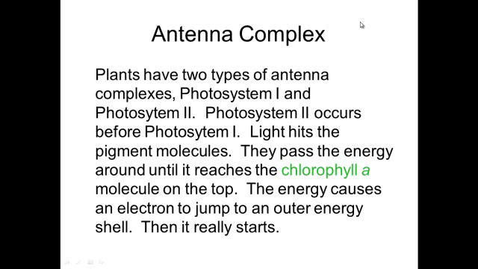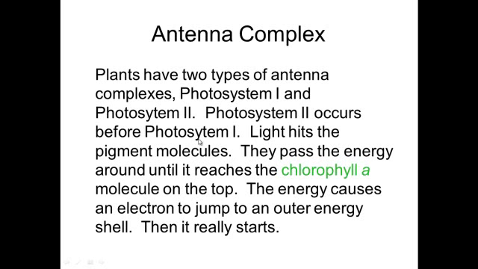Okay, so what's going to happen is a ray of light, a photon of light, is going to come down and hit the photosystem. One of those pigments will absorb that frequency of light. Not all of them absorb the same frequencies of light, and because they don't, somebody in the pile does.